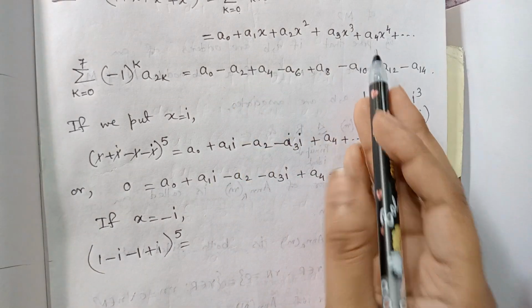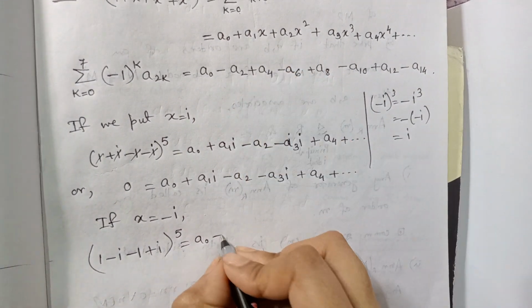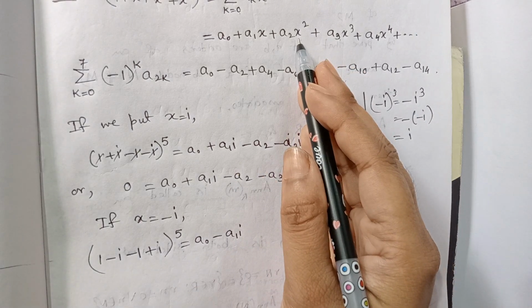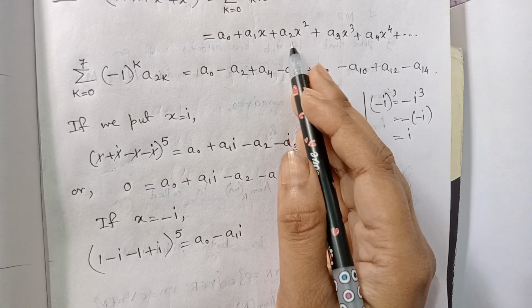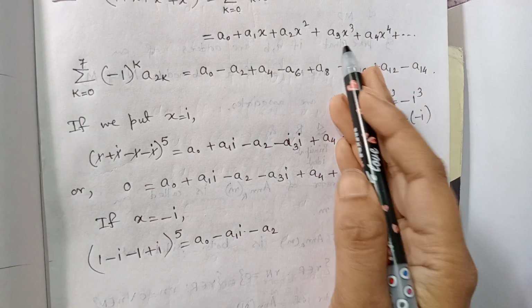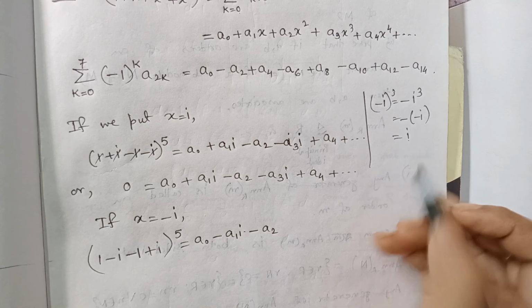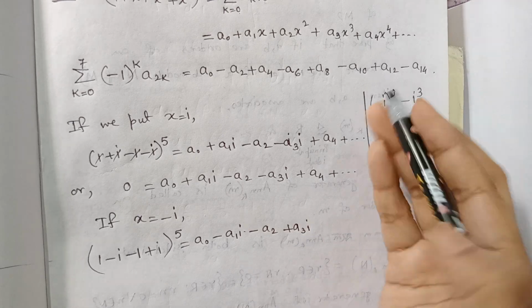Now in the right side part, a0 minus a1 i, and (minus i) squared means minus 1, so minus a2. Now (minus i) cube is only i, so plus a3 i, we write in this way.